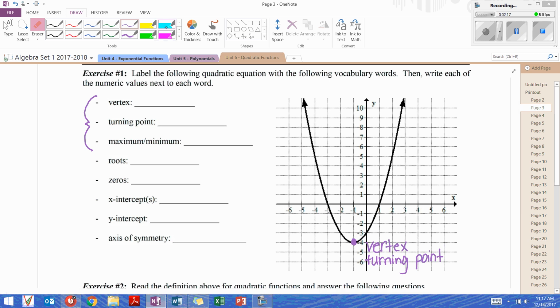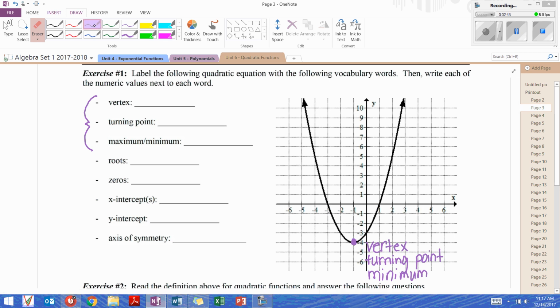In this case, because the graph is at its lowest point, this will be our minimum. You got it. Now, if this U were flipped upside down, we would actually refer to it as a maximum point value. We'll see that probably later at some point.